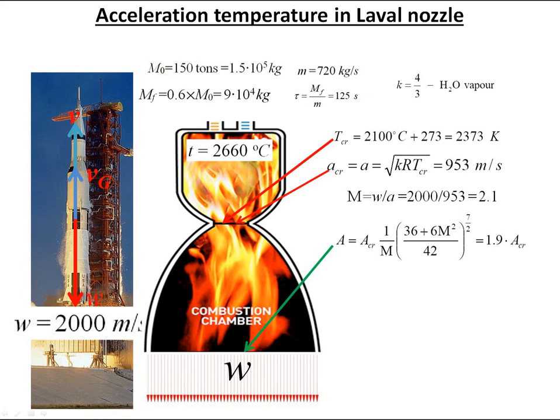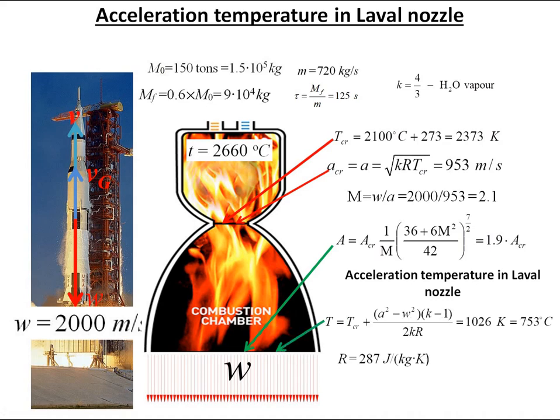And the final calculation is the temperature in the adiabatic thermodynamics process, from 2100 degrees Celsius at the entrance to the Laval nozzle to 753 degrees Celsius. Still, the exhaust gas is very hot. It means a lot of burning fuel's potential energy has been wasted. On the other hand, velocity increased more than 2 times. It means gases transfer heat into the useful kinetic energy of the rocket as velocity.